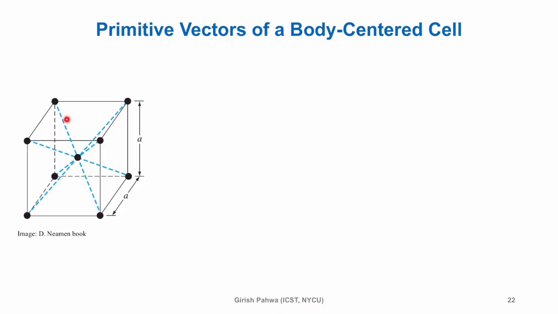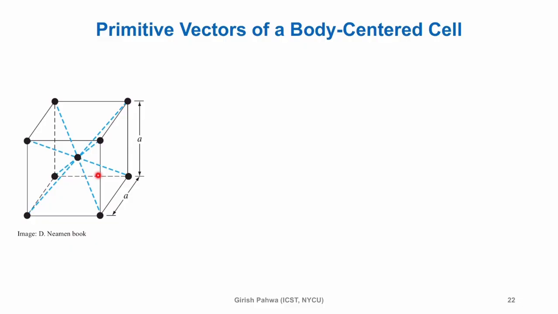So the volume which has 2 points is this. What will be the volume which will have only 1 point? What is the volume of this? A cube, A, right? And this volume contains 2 points.